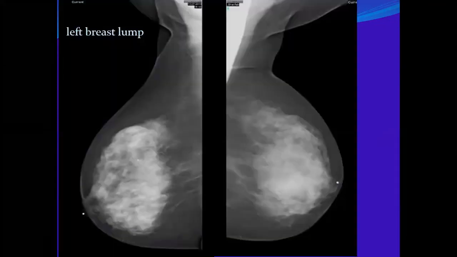Okay, this is our patient. She had a left breast lump.